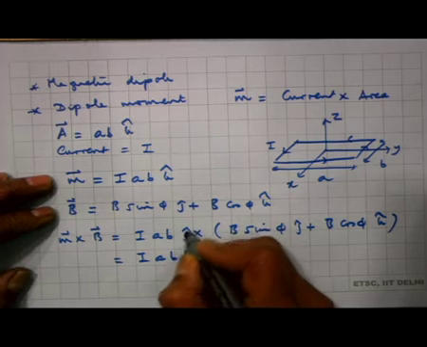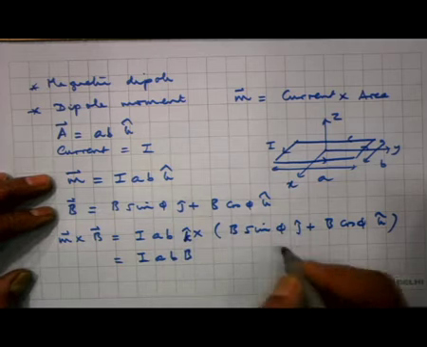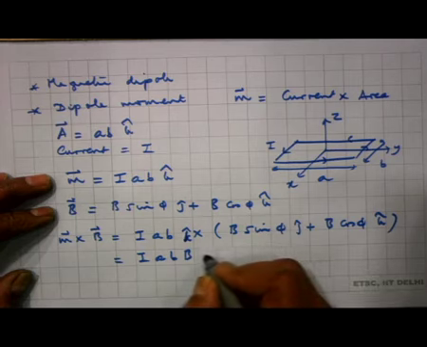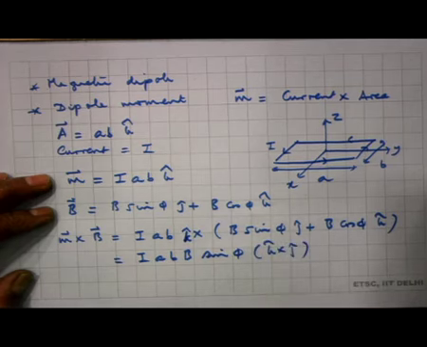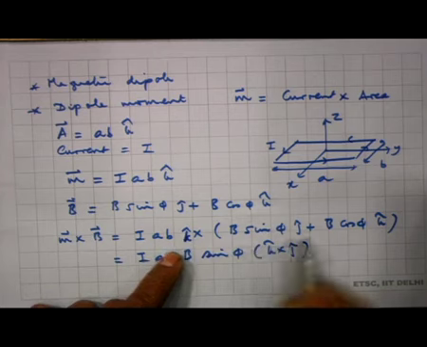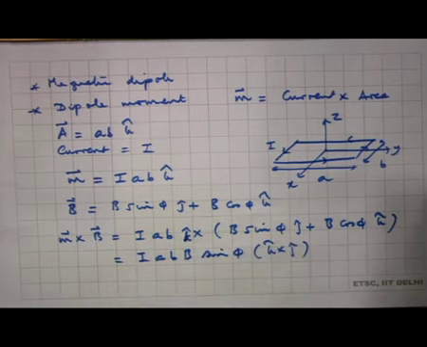Sorry, this is I A B k cap. I am sorry, this is k cap. So, k cap cross j cap is there. It is not 0; k cap cross k cap is 0. So, I get I A B into B sin phi k cap cross j cap.